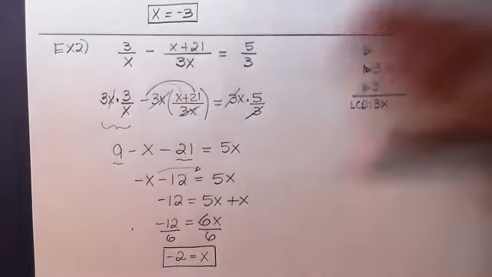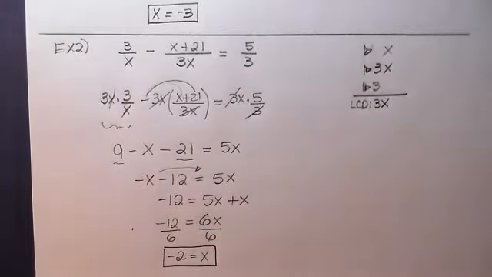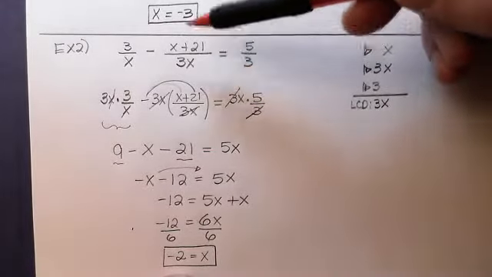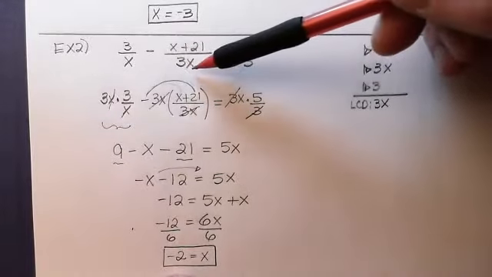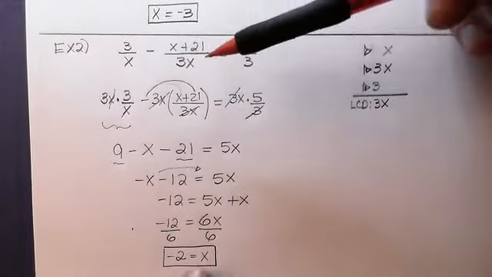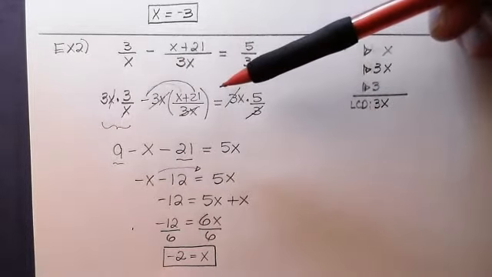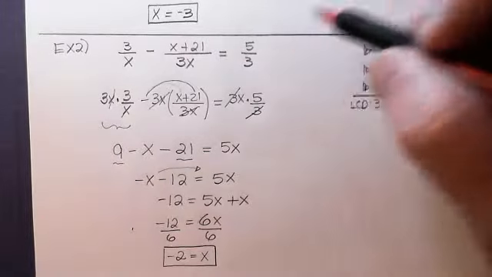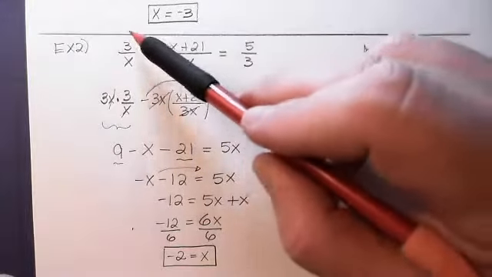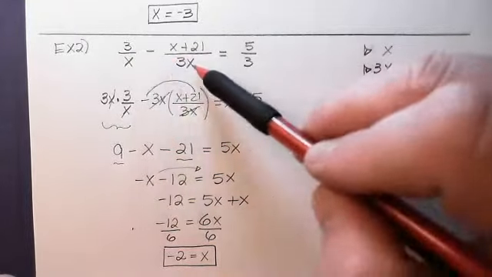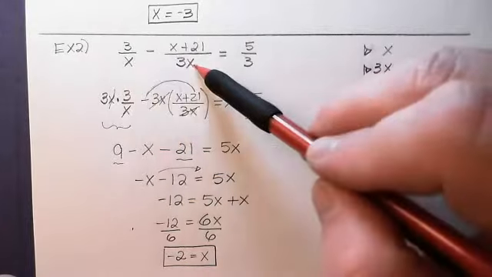Now, one thing that we need to worry about when we have an equation of rational expressions is that whenever we have x's on the bottom, we need to determine what values of x are not valid. Because here we have an answer, negative 2. Is negative 2 going to be valid? Well, let's look at the numbers that would not be valid. Remember, whenever you have rational expressions, you need to be careful not to have a 0 on the denominator. So in this case, you have x and 3x.